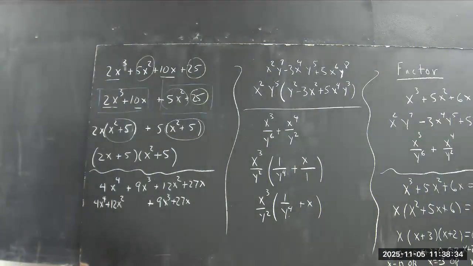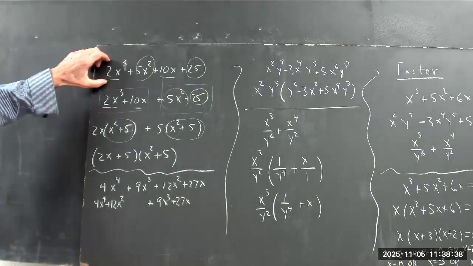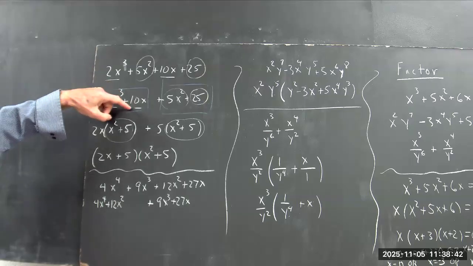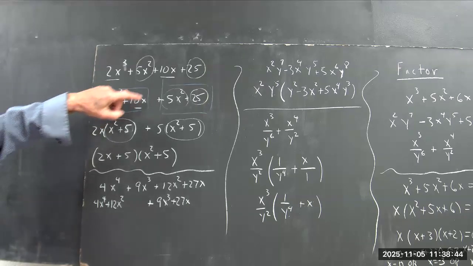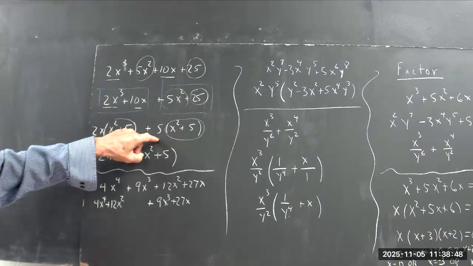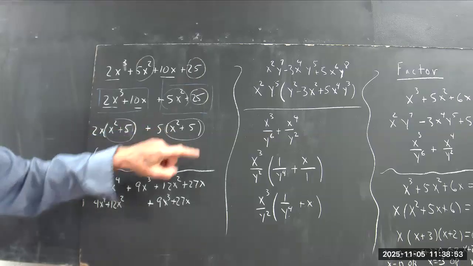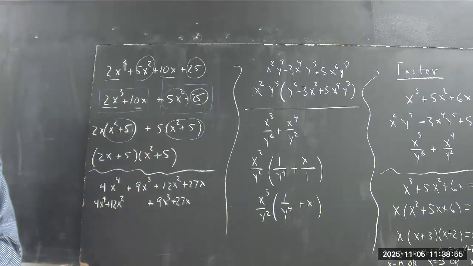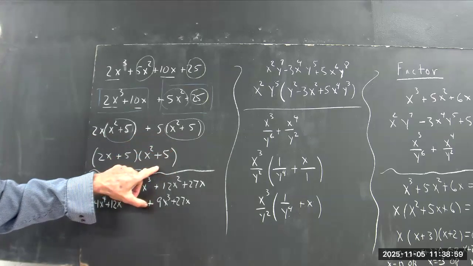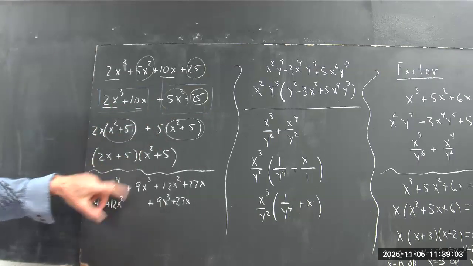Okay, following the lead that we did up here, where we saw that in x cubed and 10x, we could factor something out of that, which is 2x, and we could factor something out of 5x squared plus 25, namely 5. And in both cases, we end up with x squared plus 5 in parentheses. So since this is the same as this, we can factor it out. And we can write this in this way.